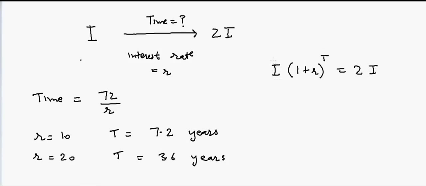So this is our initial investment, and then we have an interest rate every year, and this is compounded every year, so that will become 2I after a certain time, right? And we want to calculate what the time should be, right?